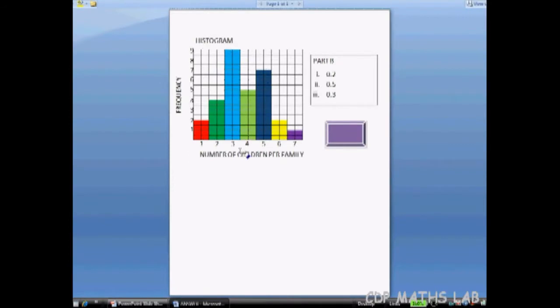Now your histogram should look something like this. Okay, so you would put the frequency here and you put the number of children per family. Very good. And then part B should be 0.2, part 2 of B is 0.5, and part 3 is 0.3. So therefore 1 should be in the center here.